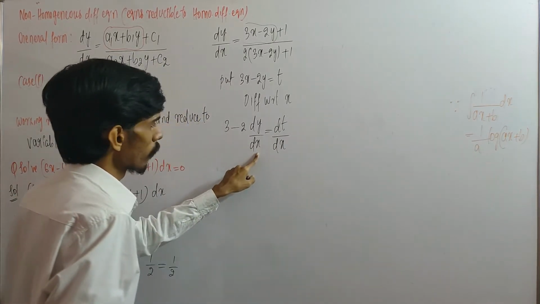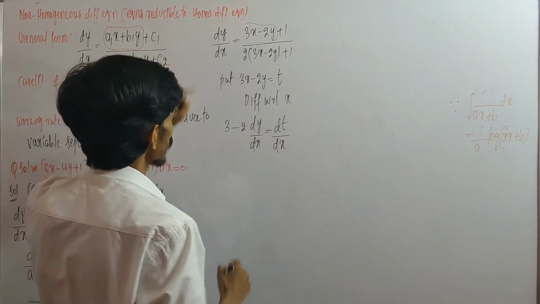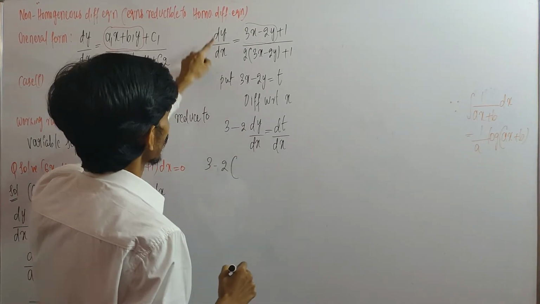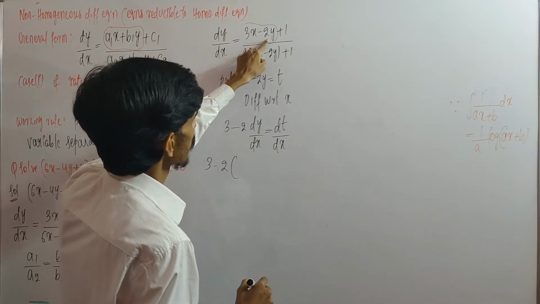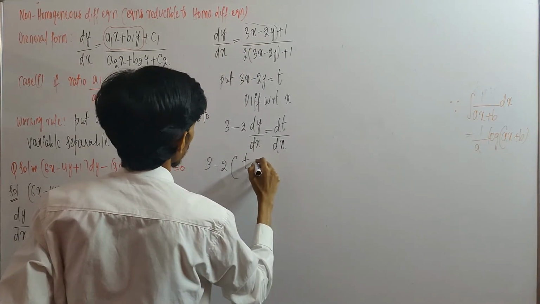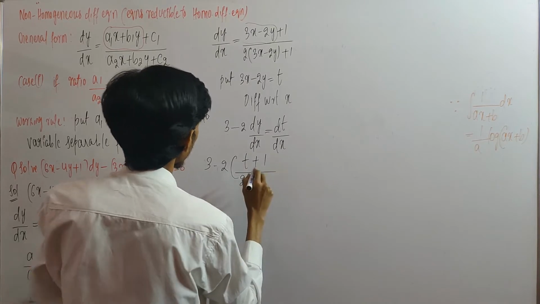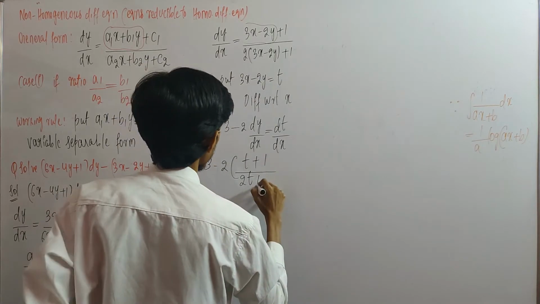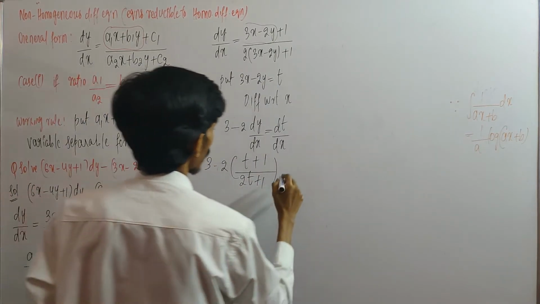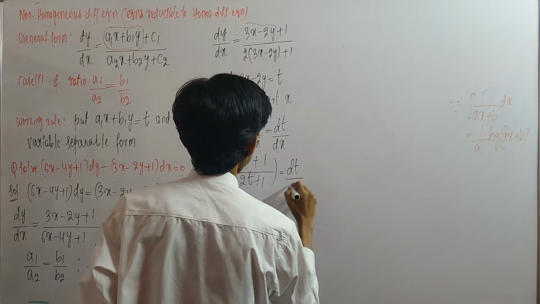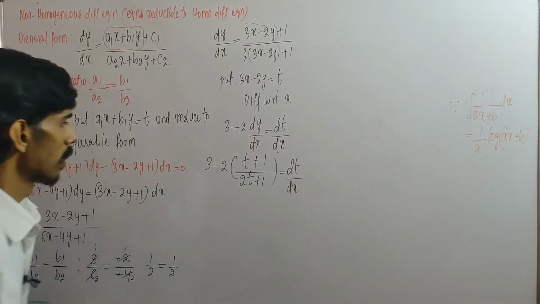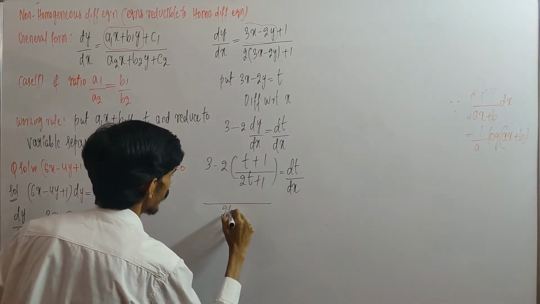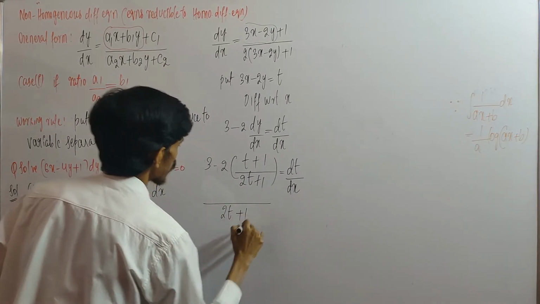Now remove this dy by dx from this equation. Here I have 3 minus 2 into the dy by dx value. Here we have 3x minus 2y value as t, so (t plus 1) by 2 into this value, 2t plus 1, is equal to dt by dx. Now take LCM here. We have 2t plus 1.